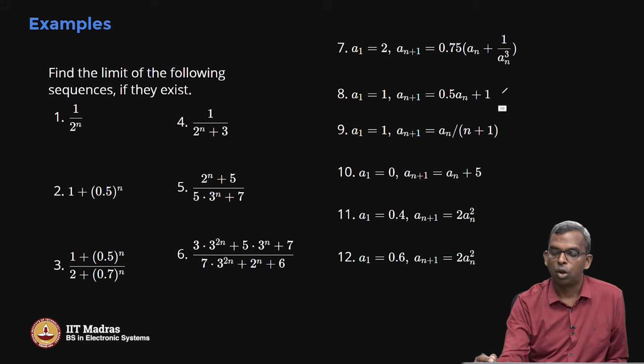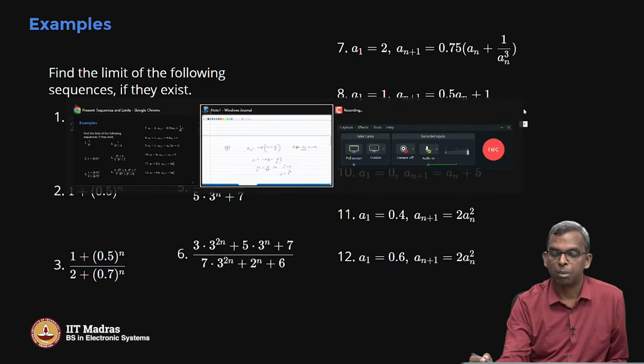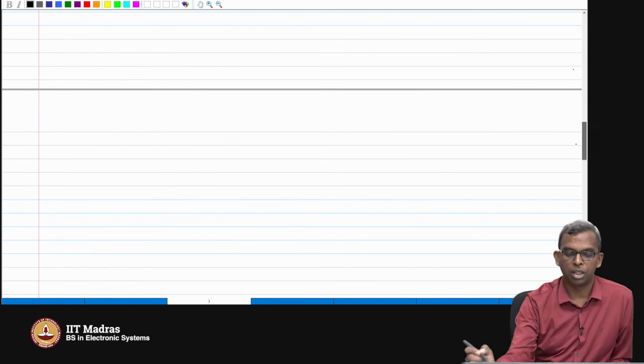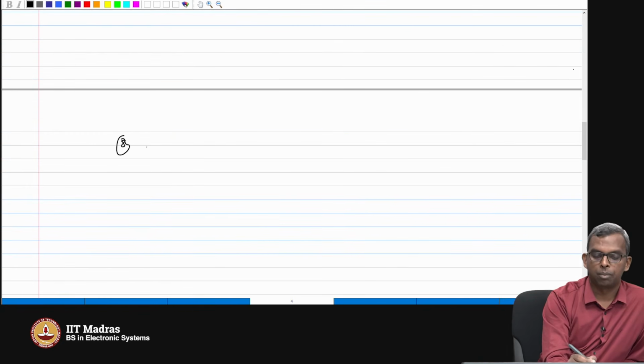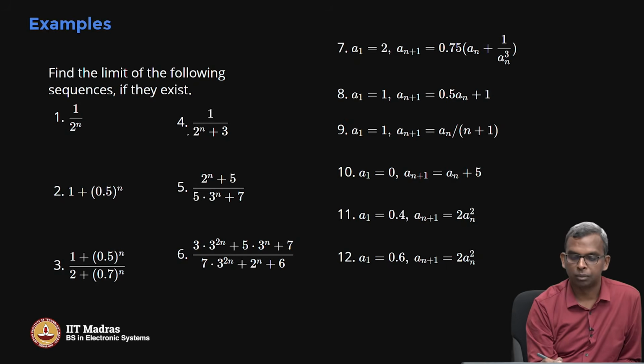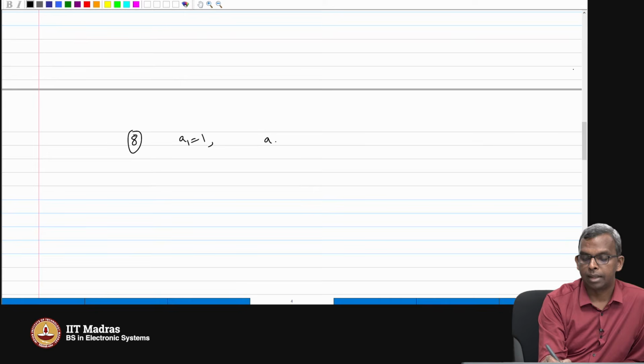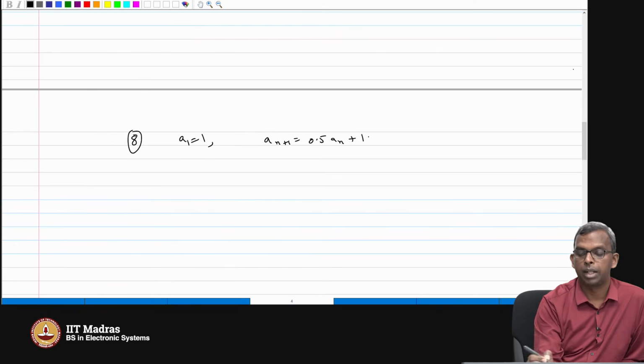I'll try and argue why it should be monotonic and bounded. I'll show you how I would do it for this problem, the 8th problem. It says a_1 is 1, and it says a_{n+1} is 0.5 a_n plus 1, right?